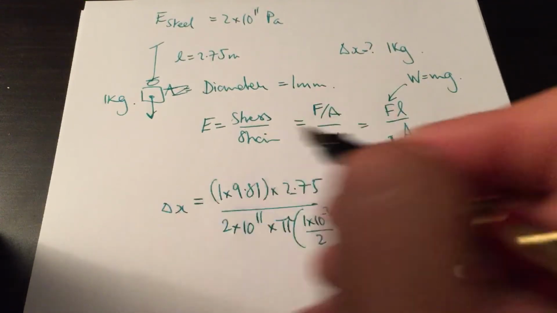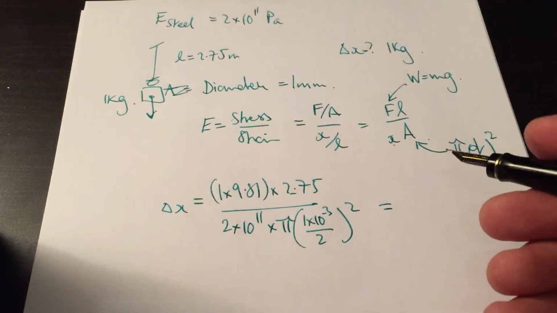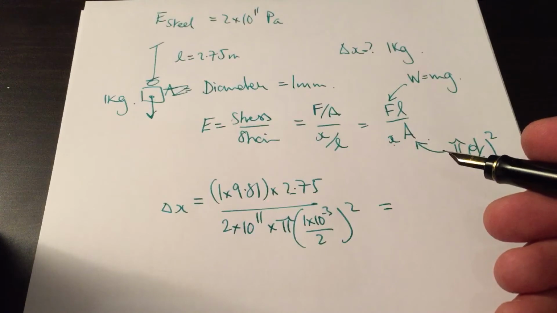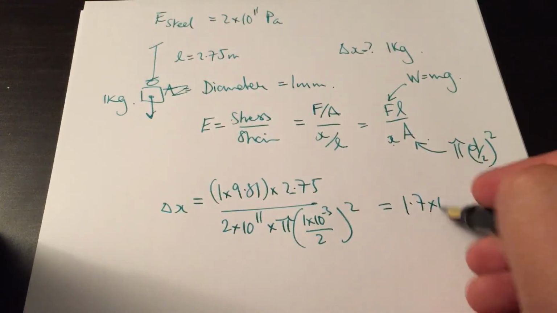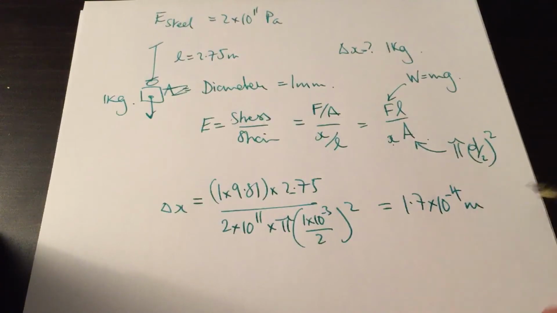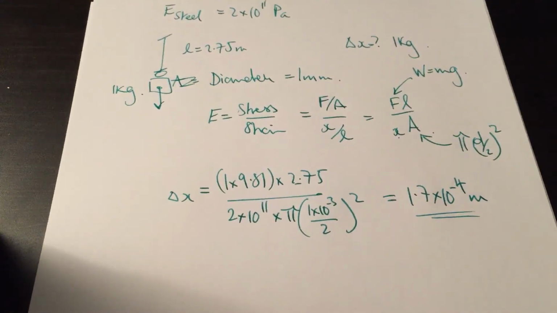And that gives me my delta x, which is, I believe, 1.7 times 10 to the minus 4 metres, which sounds about right. 1 kilogram on steel is going to stretch 0.1 of a millimetre.